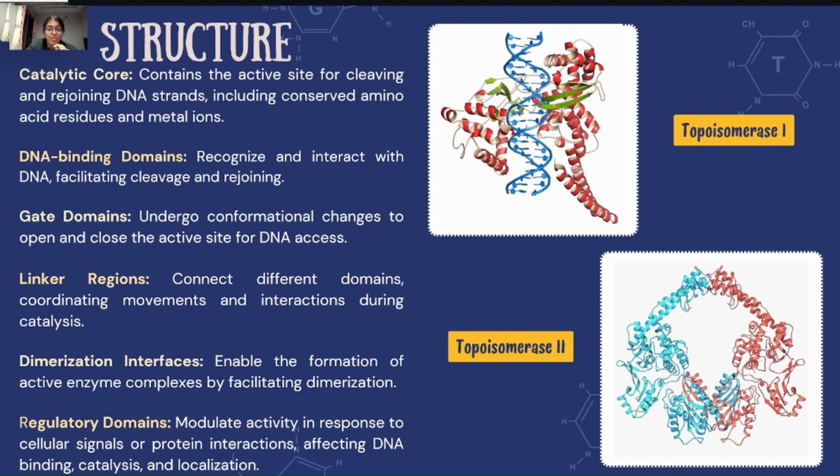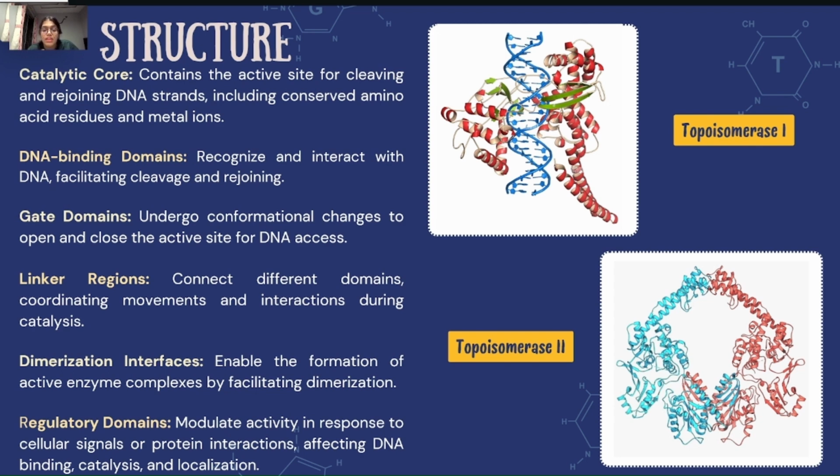There's a linker region that connects these different domains, coordinating movements and influencing the catalytic activity. There is also the presence of the dimerization interface. This enables the formation of active enzyme complexes by facilitating dimerization.